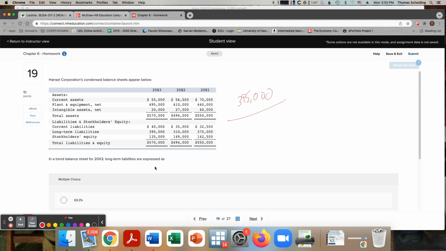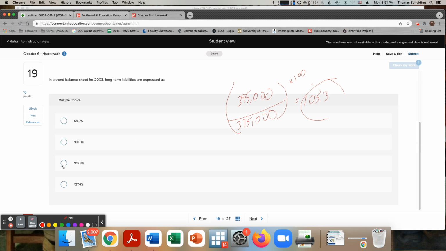I'm going to divide that by, because this is a trend balance, as a fraction of what's going on in 20x1, which is 375. What I got was 105.3. You would have to multiply this by 100 to work as a percentage. So 105.3, and there we go, right there.